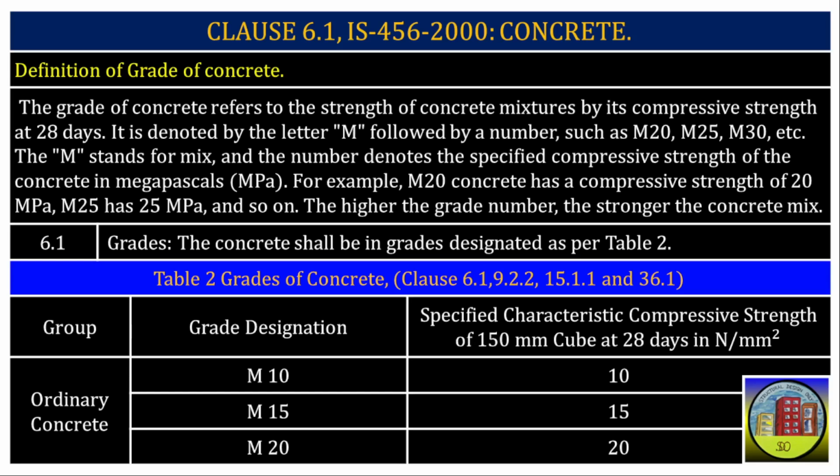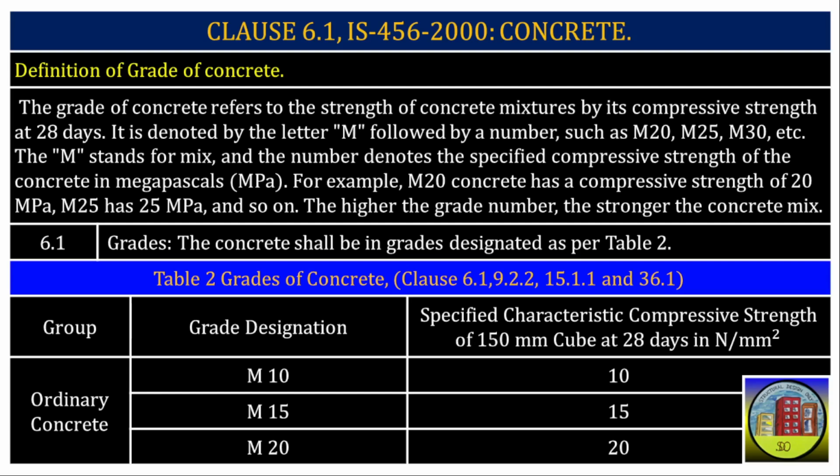It is denoted by the letter M followed by a number, such as M20, M25, M30, etc. The M stands for mix, and the number denotes the specified compressive strength of the concrete in megapascals, MPa. For example, M20 concrete has a compressive strength of 20 MPa, M25 has 25 MPa, and so on. The higher the grade number, the stronger the concrete mix.